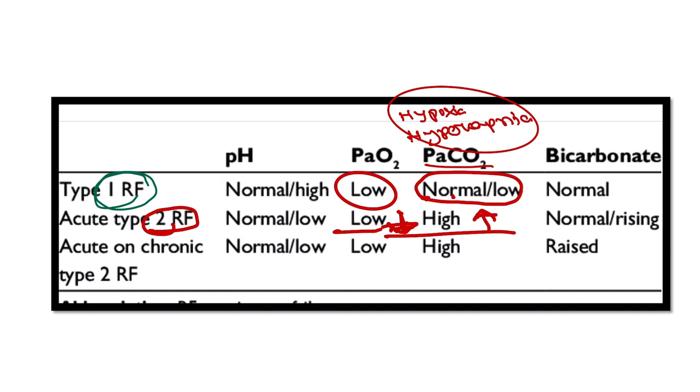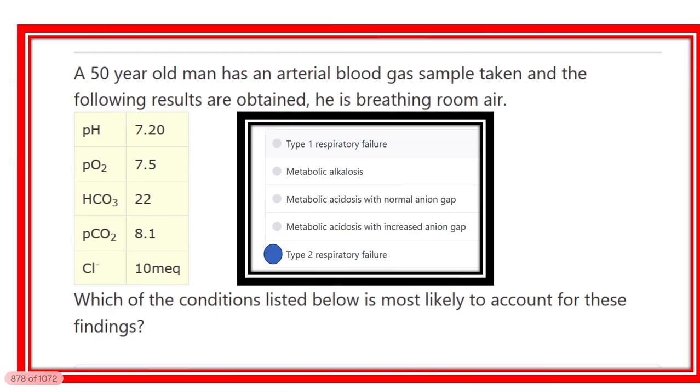But in type 1 respiratory failure, there is only hypoxia, there is no hypercapnia. There may be hypocapnia but no hypercapnia. And here we can see hypoxia, that means oxygen reduced, and hypercapnia, that means partial pressure of carbon dioxide increased. So it is type 2 respiratory failure.